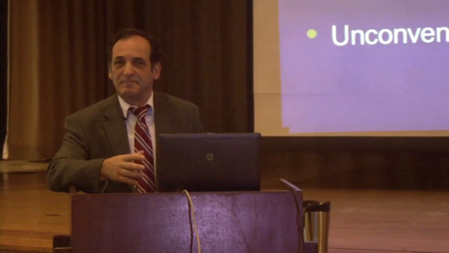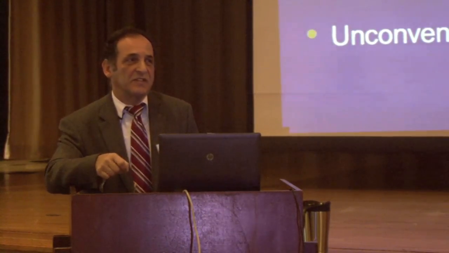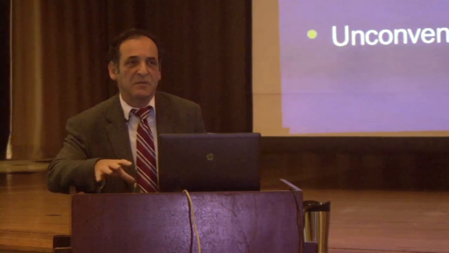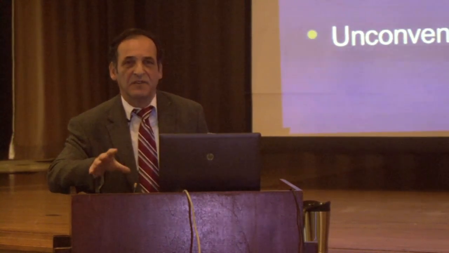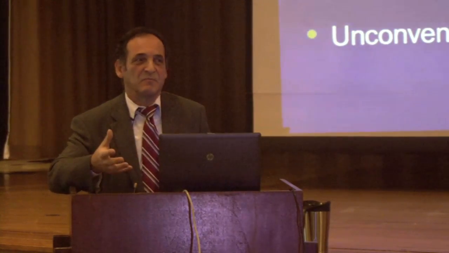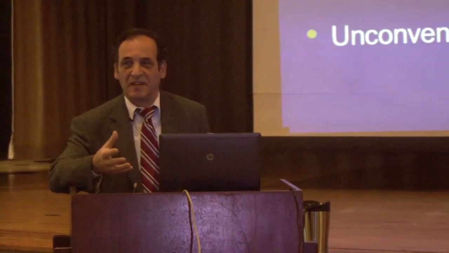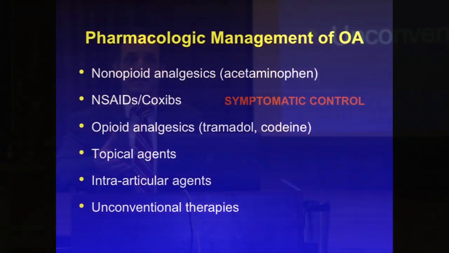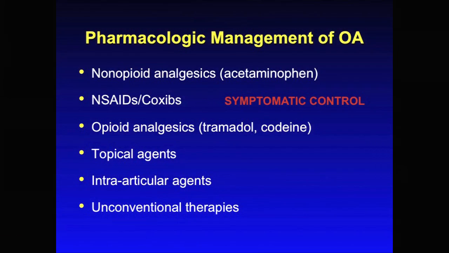There's been some concern about people overdosing on acetaminophen, and in this past year, the recommendations for the maximum dose of acetaminophen to be taken has been reduced because we became aware that people were taking medications that contained Tylenol or acetaminophen, and they didn't even realize it. So the recommendations now are for people not to exceed 3 grams a day. That's the equivalent of 6 extra strength Tylenol.